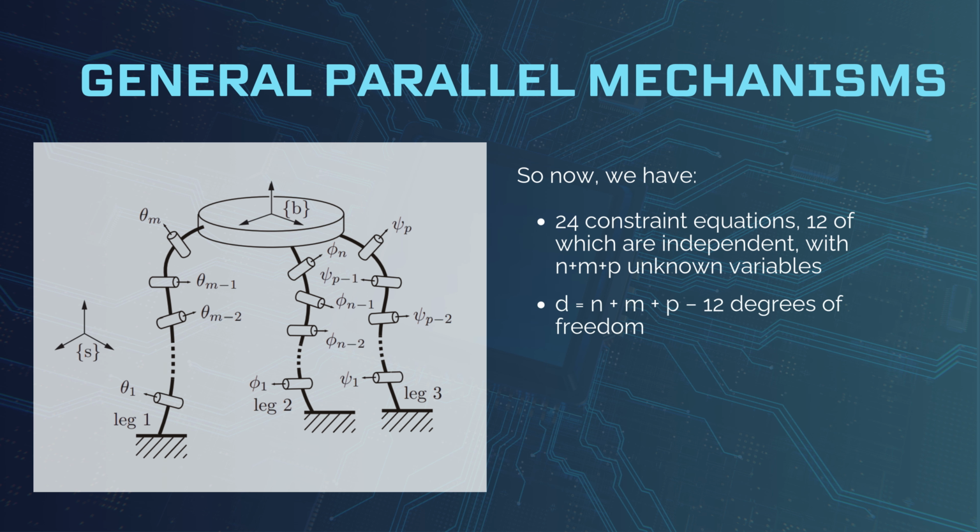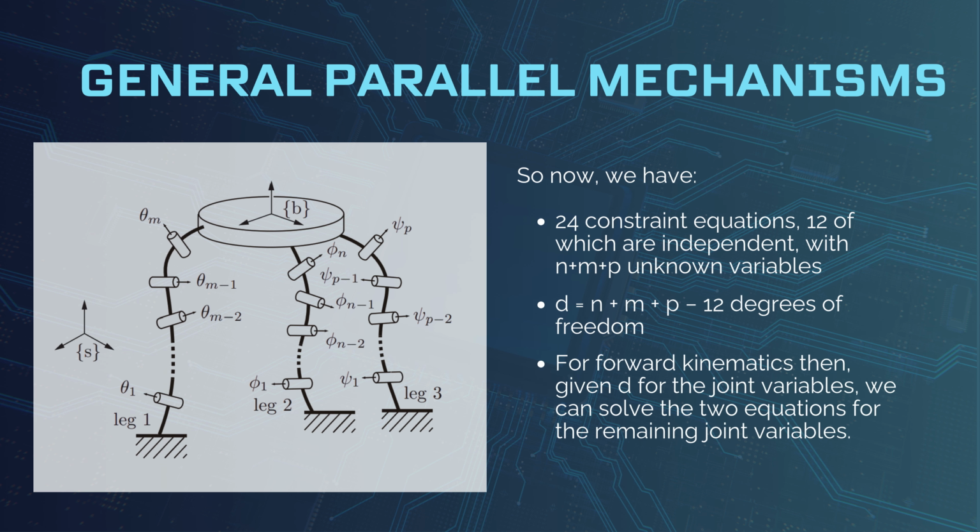So, we have n plus m plus p minus 12 degrees of freedom. For forward kinematics, given d for the joint variables, we can solve the 2 equations for the remaining joint variables. Forward kinematics of a leg can then be evaluated to get the forward kinematics of the chain. Obviously, this is not trivial and multiple solutions are likely.